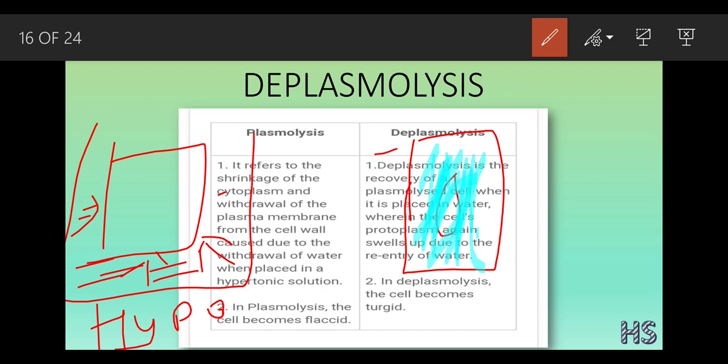This condition is called deplasmolysis. Deplasmolysis is a condition in which the cells can be revived. We can save the cell from dying. So this was all about plasmolysis and deplasmolysis.